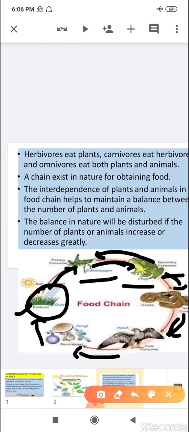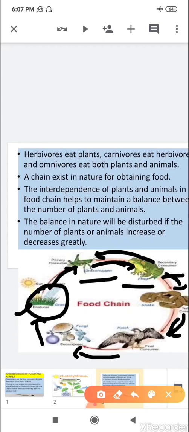So it represents that all the animals are interdependent on each other, and that all the animals depend upon plants for food.